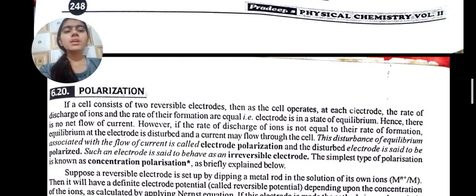However, if the rate of discharge of ions is not equal to their rate of formation, equilibrium at the electrode is disturbed and a current may flow through the cell. This disturbance of equilibrium associated with the flow of current is called electrode polarization, and the disturbed electrode is said to be polarized. Such an electrode is said to behave as an irreversible electrode.